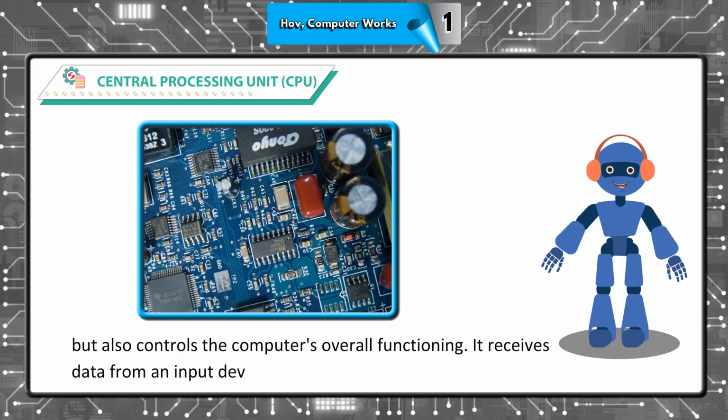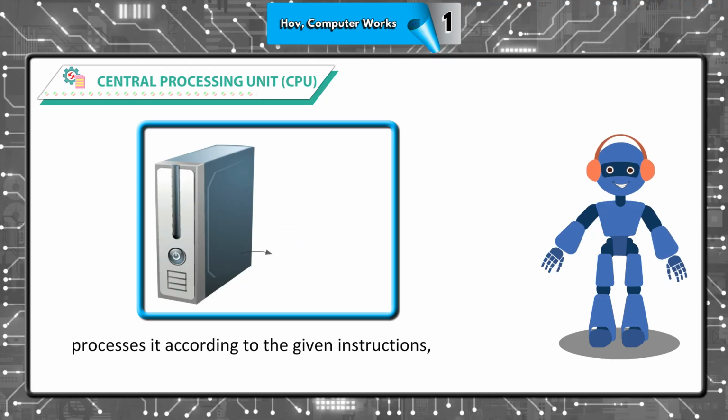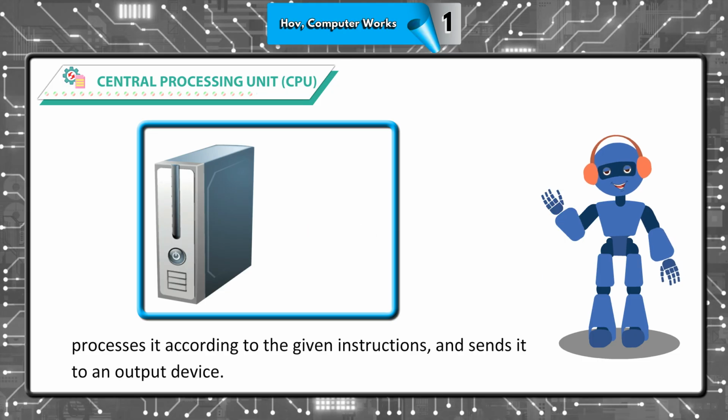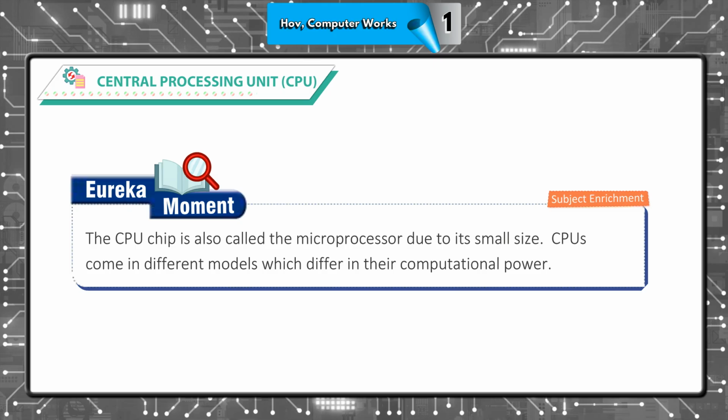It receives data from an input device, processes it according to the given instructions, and sends it to an output device. Eureka moment. The CPU chip is also called the microprocessor due to its small size. CPUs come in different models which differ in their computational power.